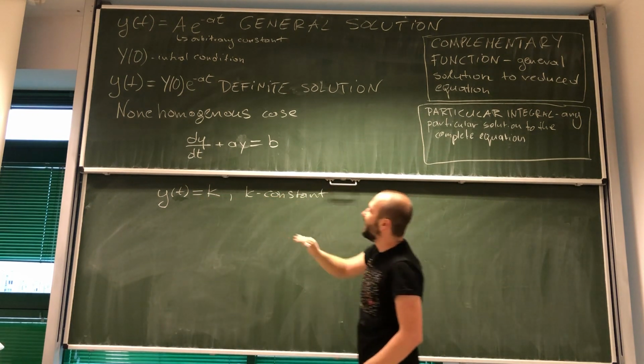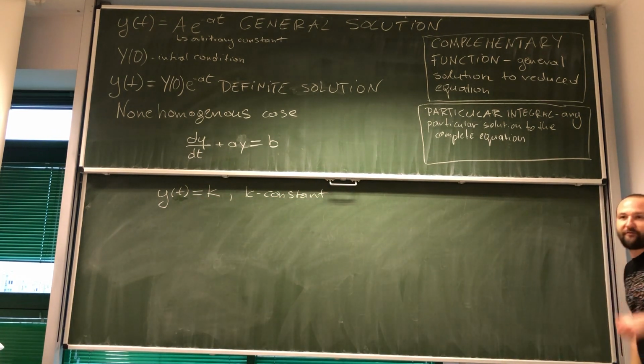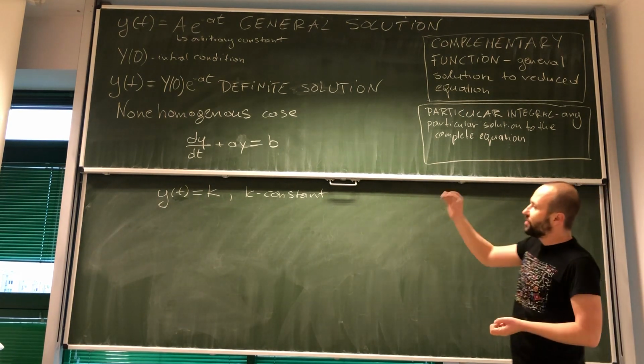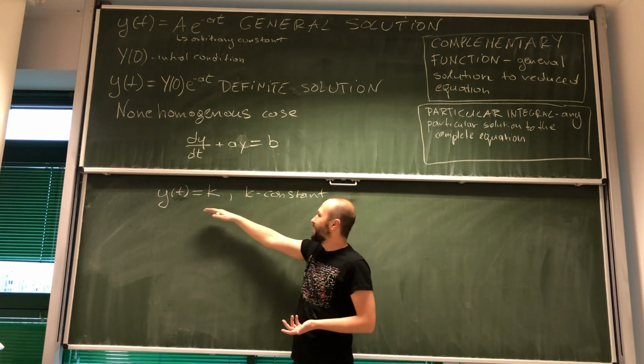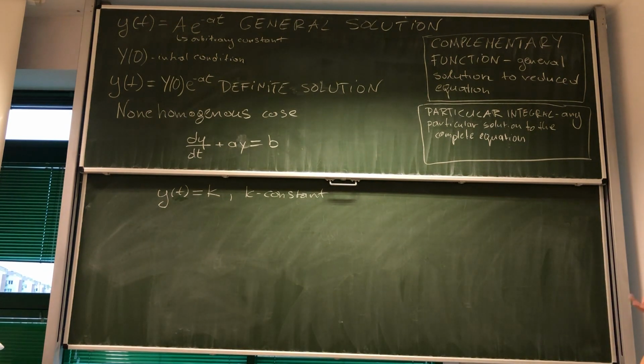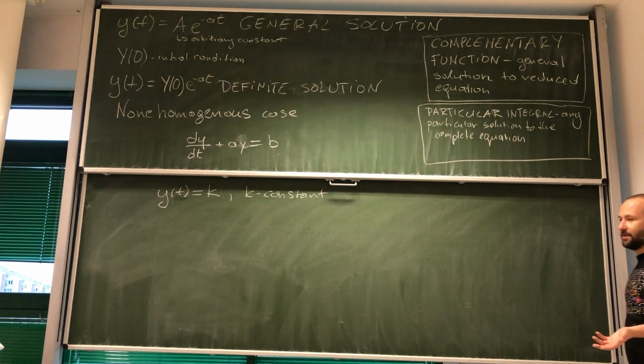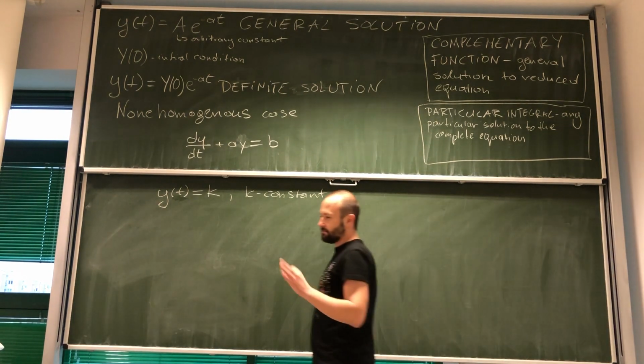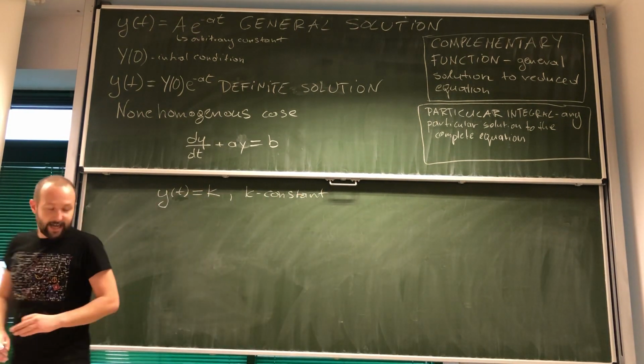Okay, why solution like that? First, because it's easy. Second, what does it mean? It means that y is not changing over time. That would be tempting, definitely, because how easy that would be.